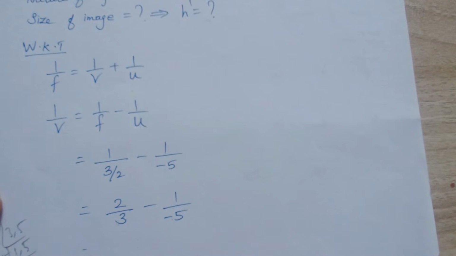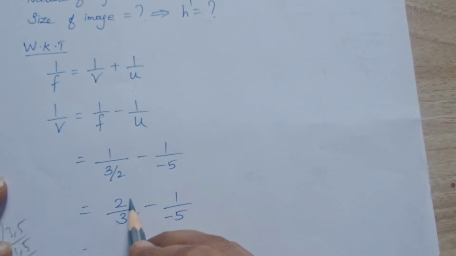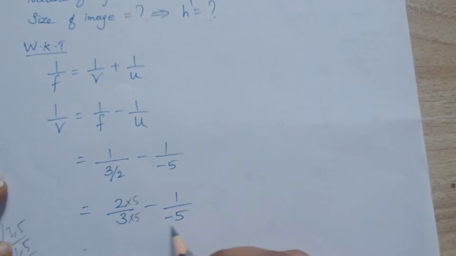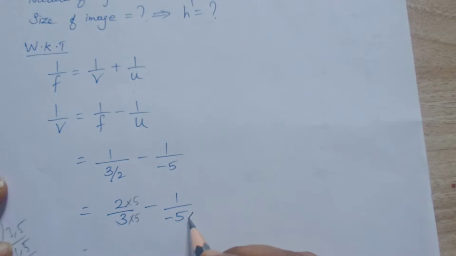It is 15. So here you multiply by 5, and here also by 5. To make the denominator positive, we multiply by minus 3 here, and also here by minus 3.